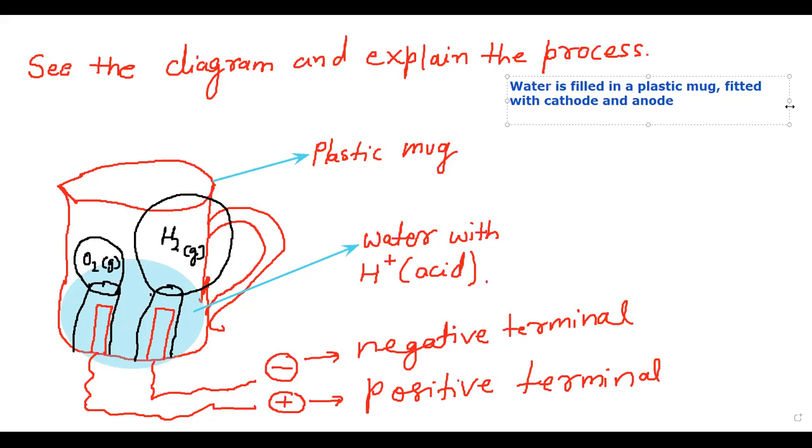What is cathode and anode here? The negative terminal is cathode and the positive terminal is anode.